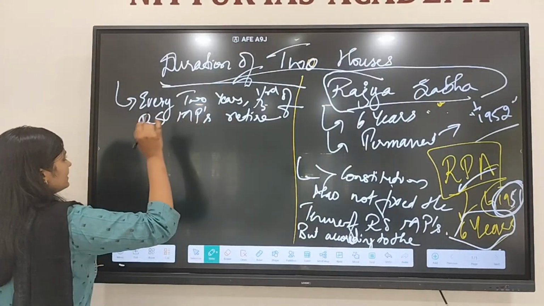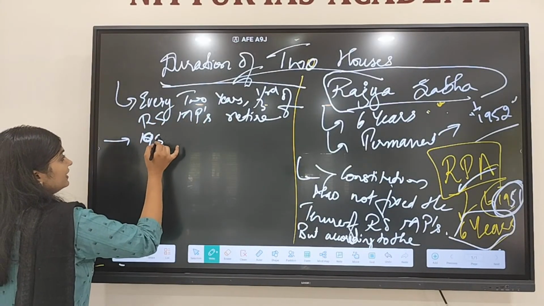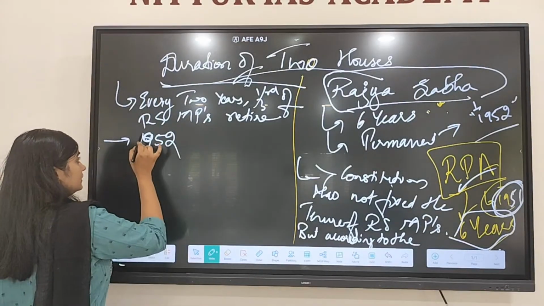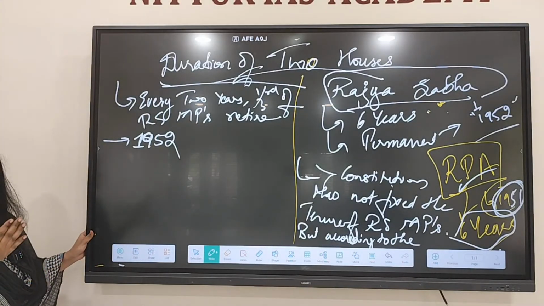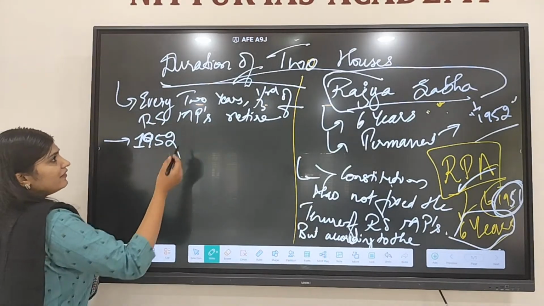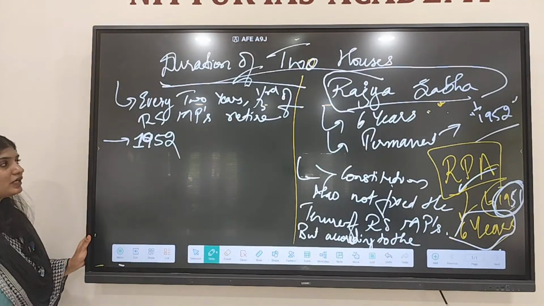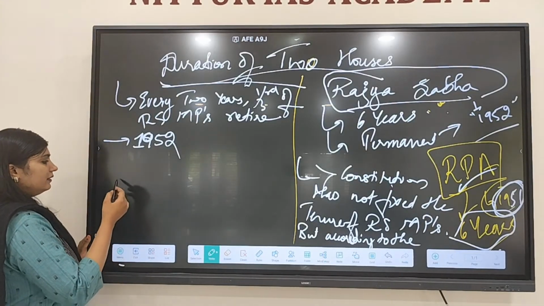When there was the first election in 1952, there were Rajya Sabha MPs, but retirement had to happen every 2 years. The process started that every 2 years there would be retirement.